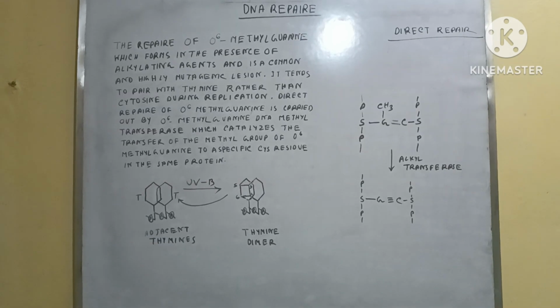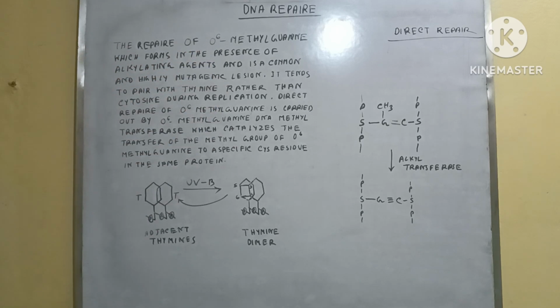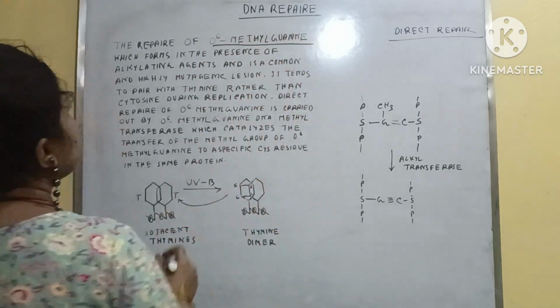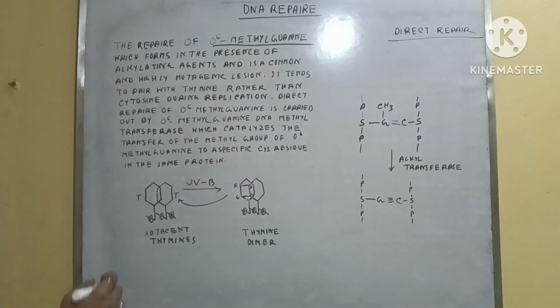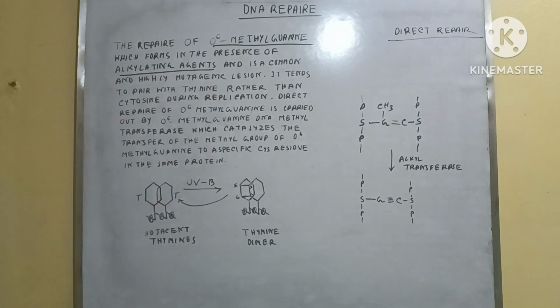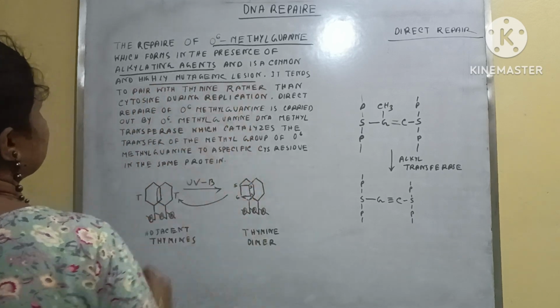The second example is the repair of O6-methylguanine. This O6-methylguanine forms in the presence of alkylating agents, and it is a common and highly mutagenic lesion.